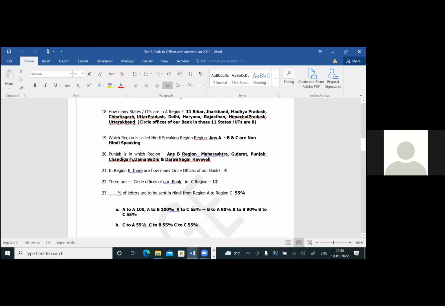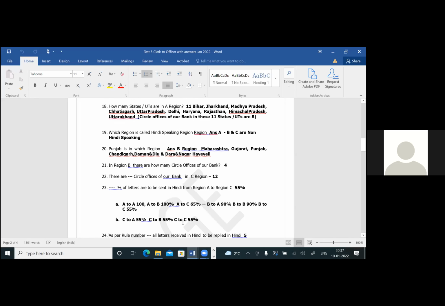I had wrongly said 65, so make it 55. Then B to A 90, B to B 90, B to C 55. Then C to A 55, C to B 55, and C to C 55. You have to learn these numbers by heart, there is no other way. If they ask this question, you should be able to answer.